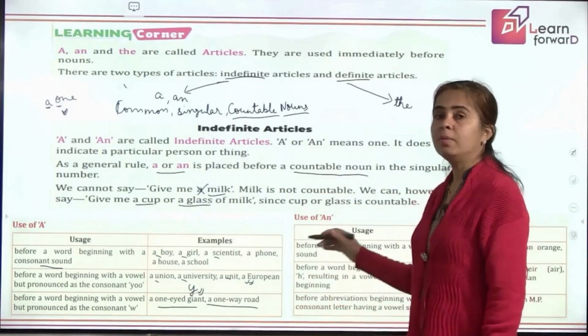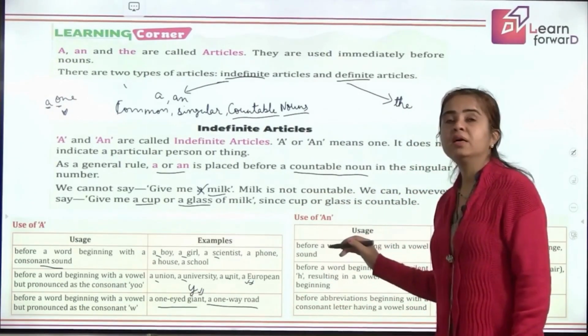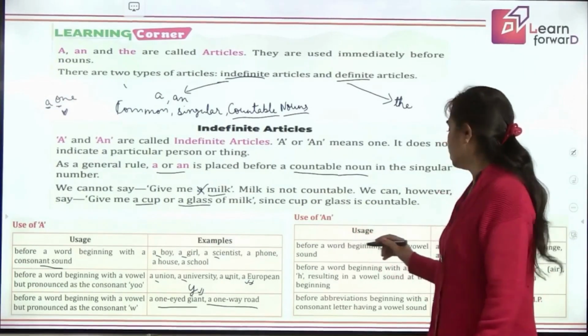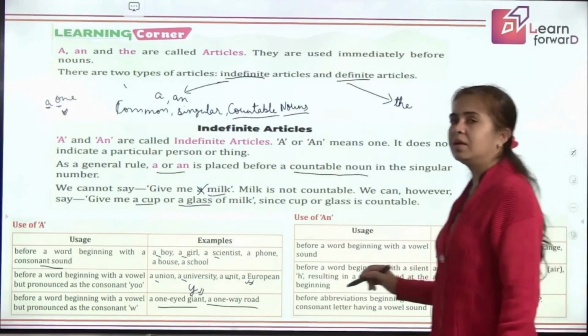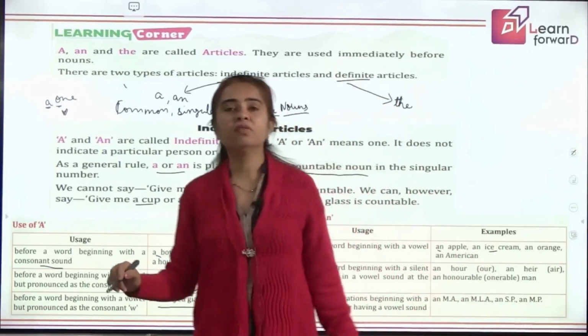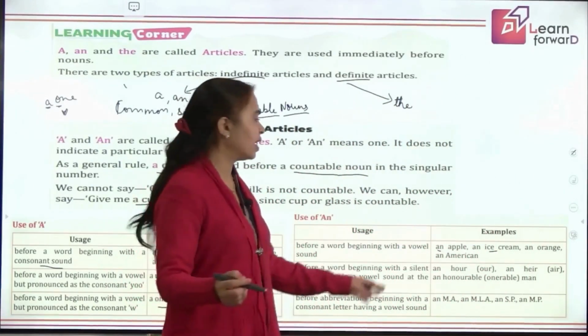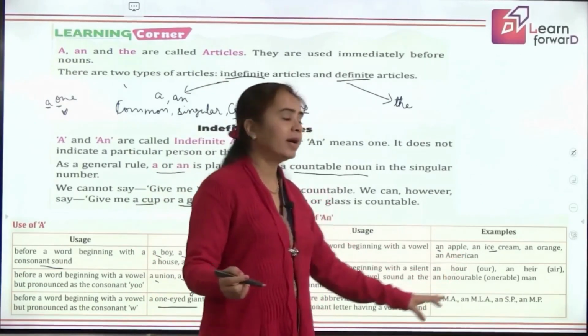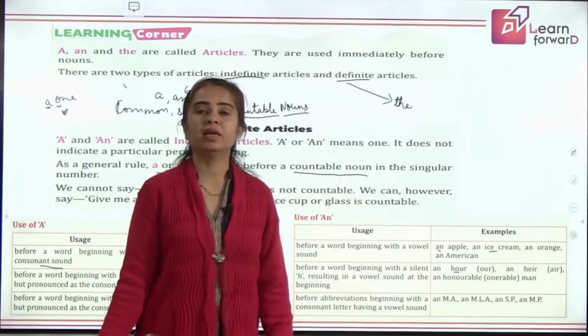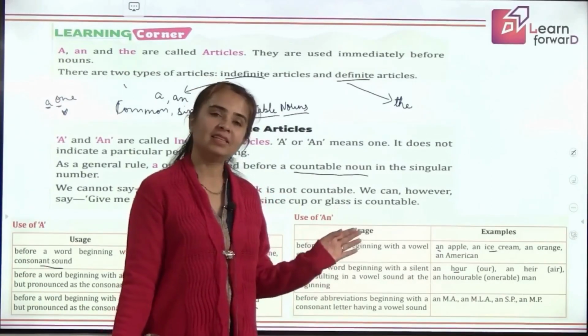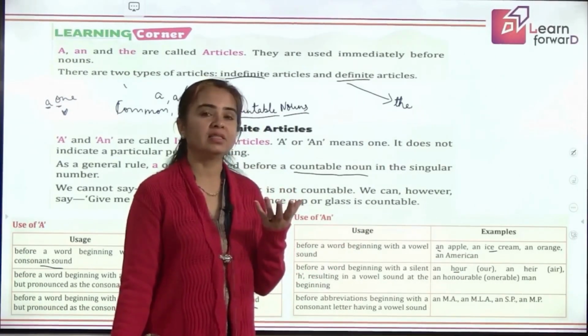But when we come to an, we look at the initial vowel sound. Like we have an apple, an ice cream, an orange, an American. That's fine. They are starting with the vowel letter and they are starting with the vowel sound. But look at these words. An hour. Although H is the beginning letter, it is silent. So the sound that it is giving is ow.